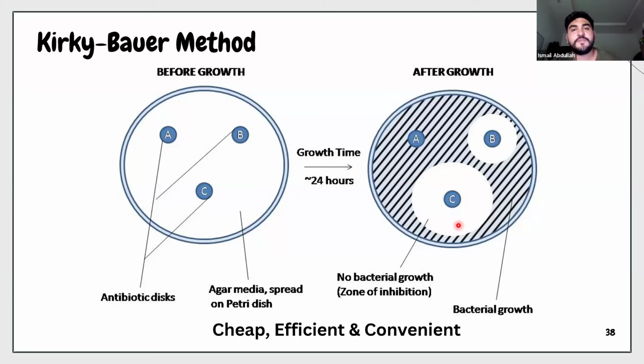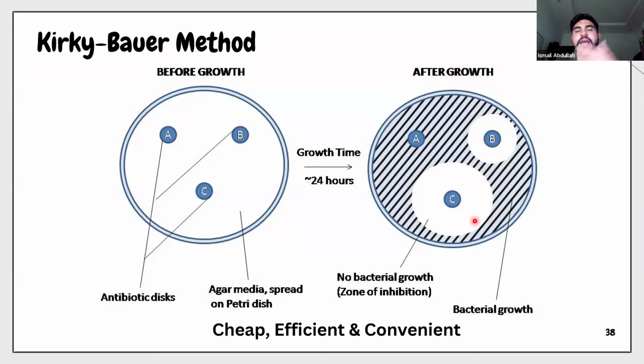And of course, we have levels of susceptibility. It could be intermediate or it could be susceptible. Tamam? And this really depends on the size of the inhibitory zone. And of course, the larger the zone, okay, the more effective the antibiotic. Tamam?